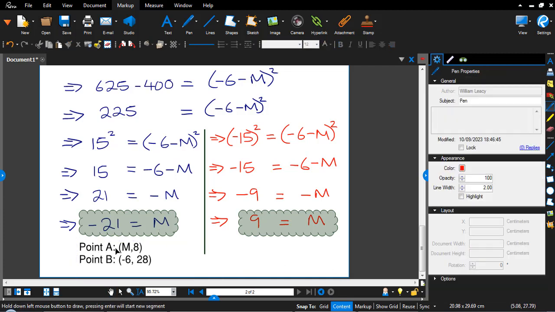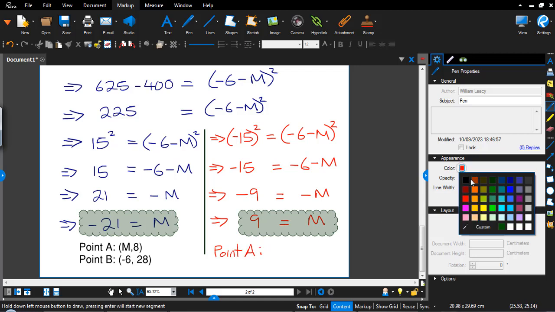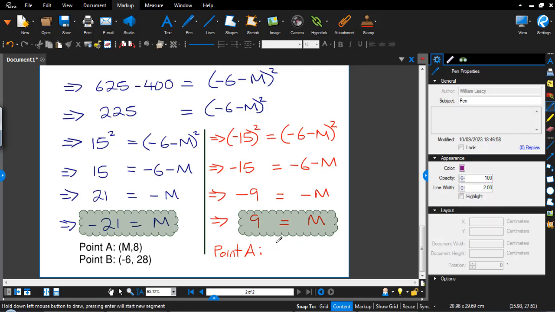So in other words, the actual answers for point A could be, well, what could it be? It could be (-21, 8) or (9, 8).